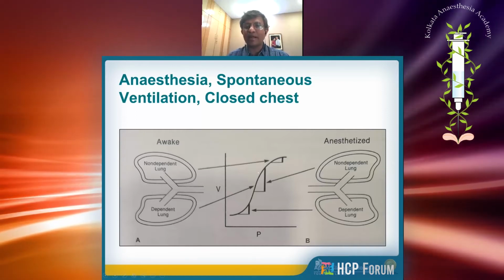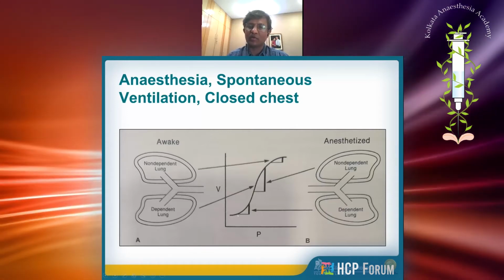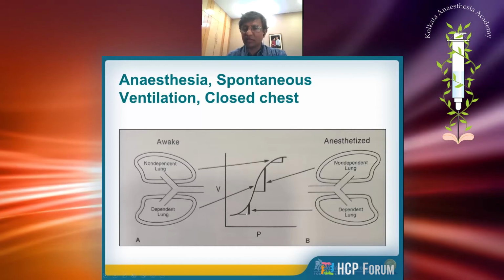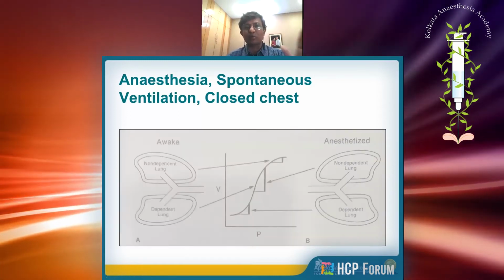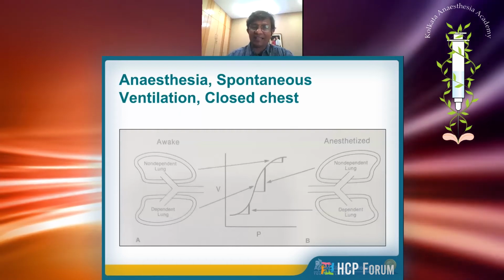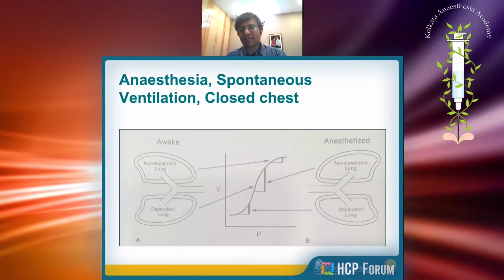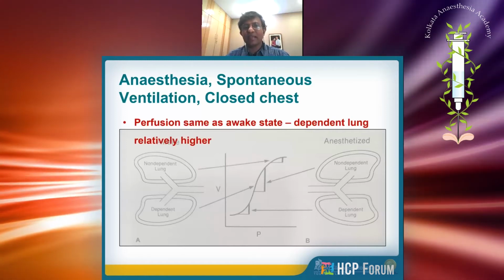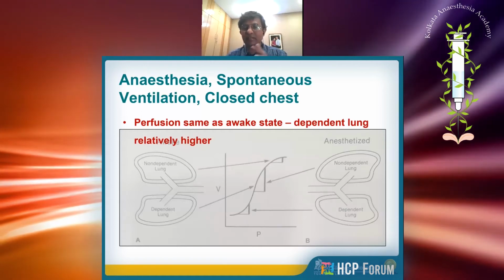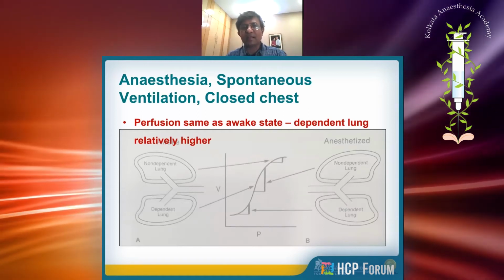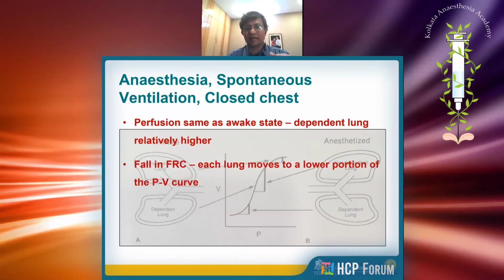The non-dependent goes to a more favorable, steeper part. The dependent also goes down towards the lower part of the curve. So spontaneously breathing, anesthetized, I have not given a paralytic agent, just an anesthetic agent. The perfusion will remain the same as in the awake state. There is no change in the perfusion. The dependent lung is relatively higher perfused than the non-dependent lung.